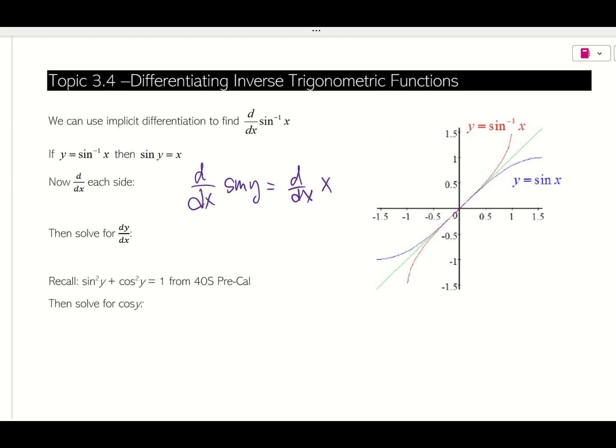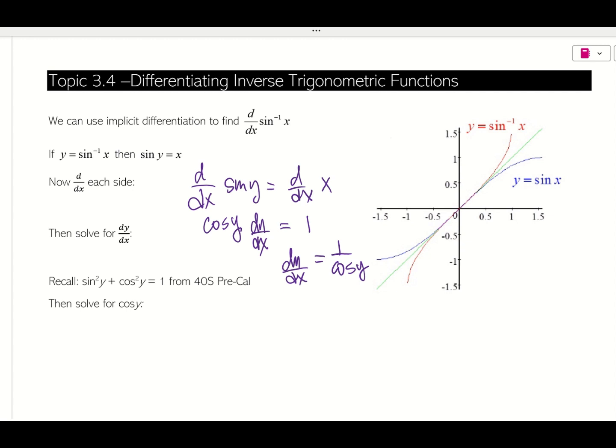So the derivative of sine is cos, leave the y the same, and then have the extra dy/dx on there. And then, of course, the derivative of x is 1. Then if I cross multiply, I get dy/dx is equal to 1 over cos y. Okay, so recall that sine squared y plus cos squared y equals 1 from Pre-Cal 40.